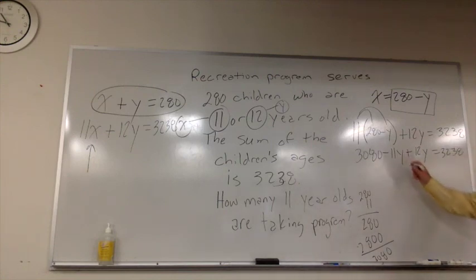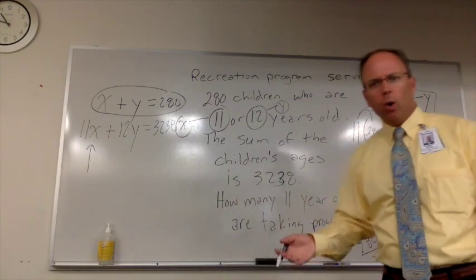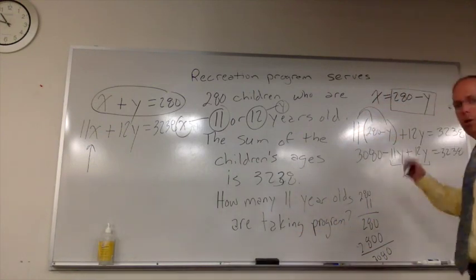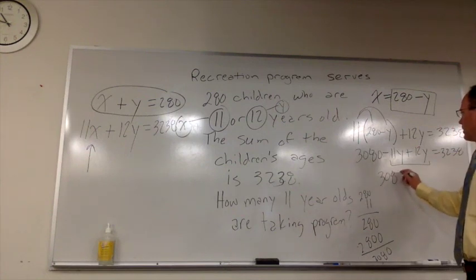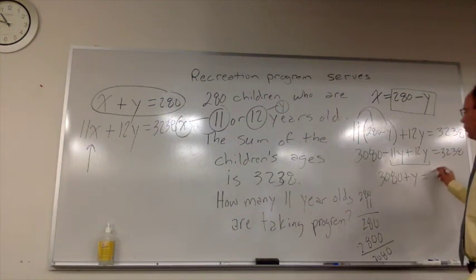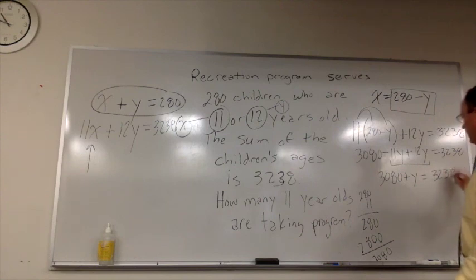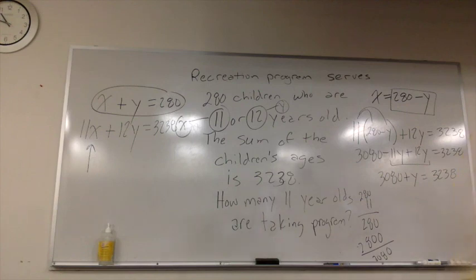Once we get here, I can combine these two like terms. Negative 11Y added to 12Y gives me 1Y, which is Y. So I have 3,080 plus Y is equal to 3,238.